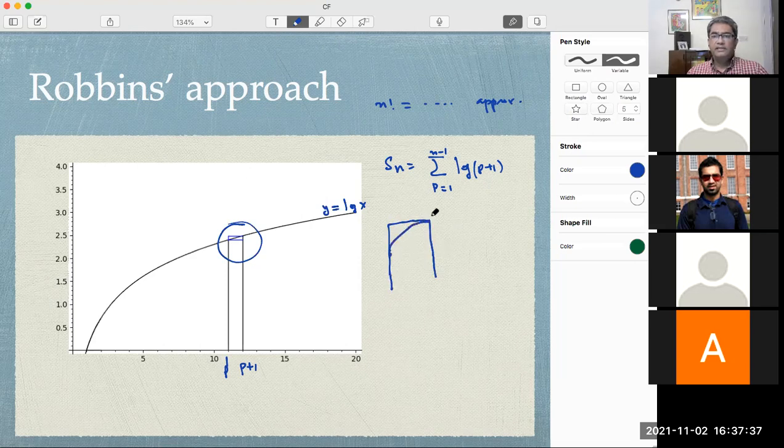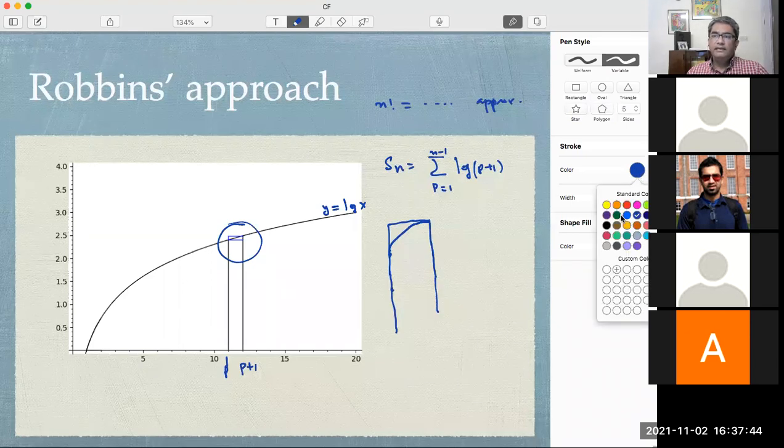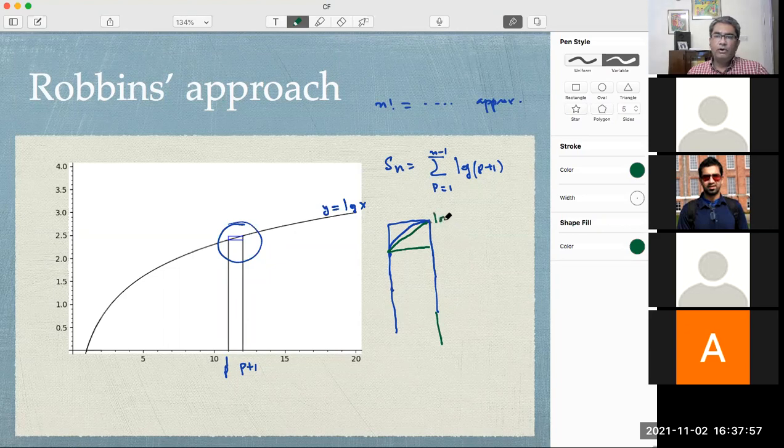This height is log(p plus 1), and so this distance is log(p plus 1) minus log p.